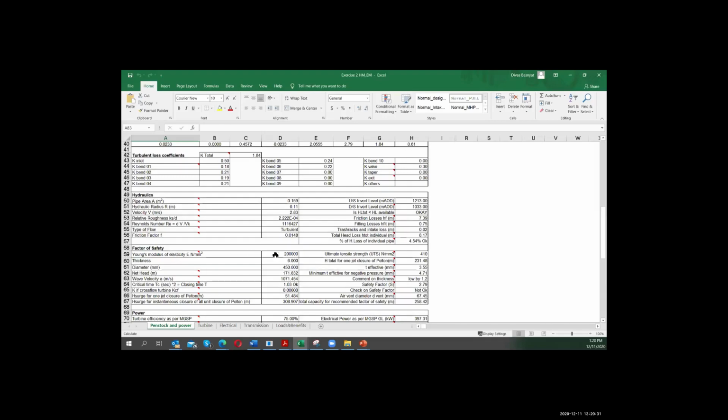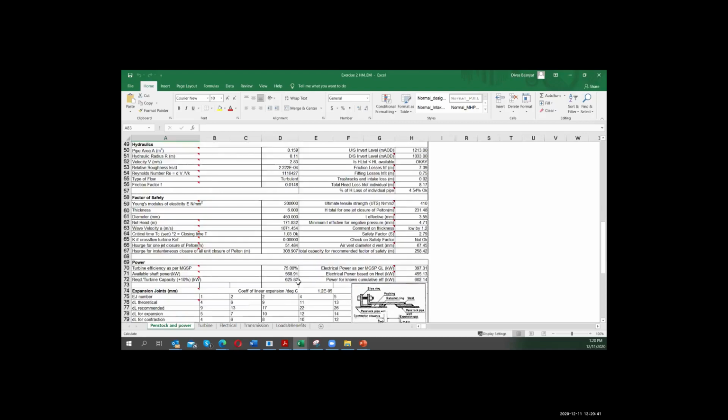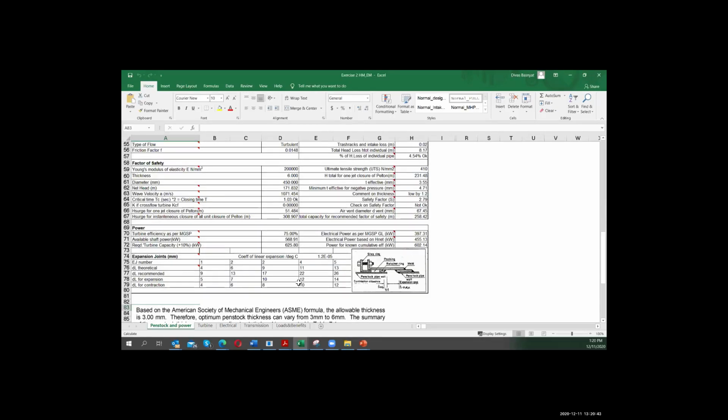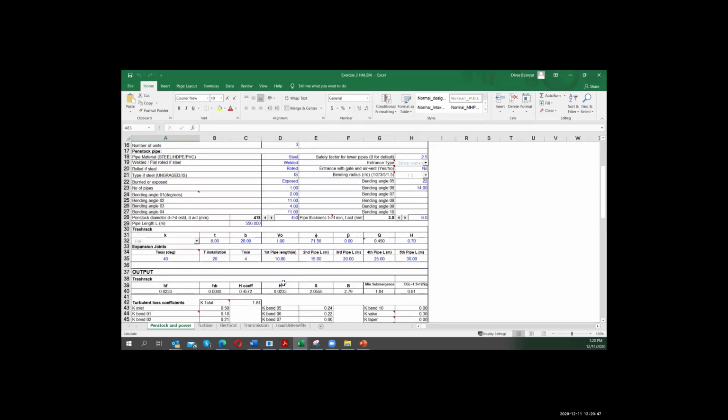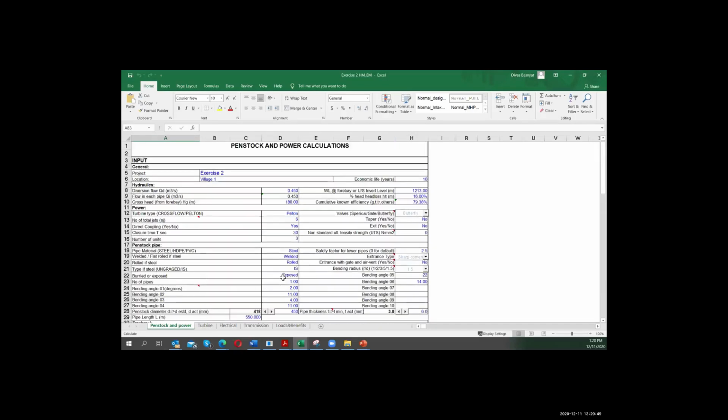And the factor of safety is 2.79 as I showed here. The calculation I showed in the PowerPoint presentation, whereas the outputs are here; you can play with it in your free time.